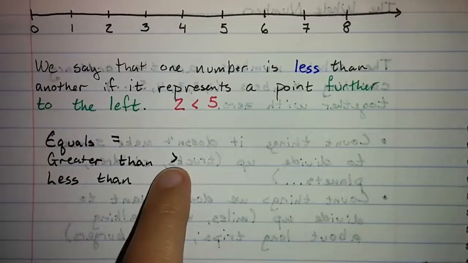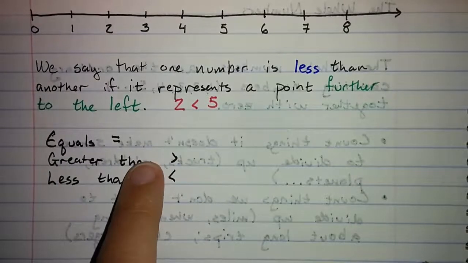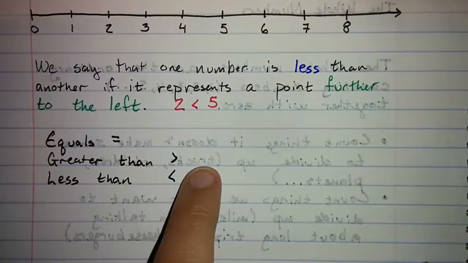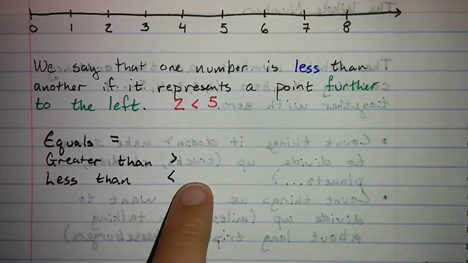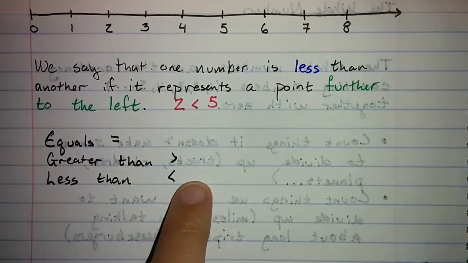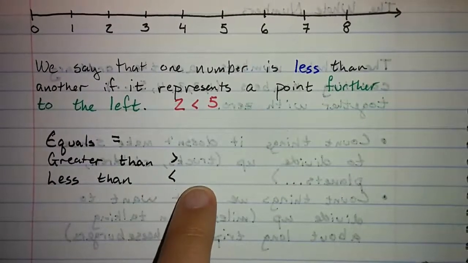The opening on the greater than sign is toward the larger number. Larger number is greater than smaller number. The opening on the less than sign is again toward the larger number. Smaller number is less than larger number.